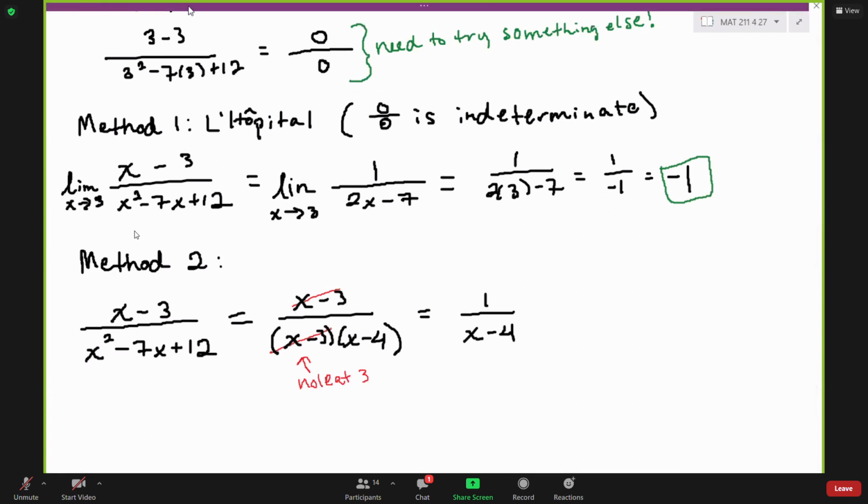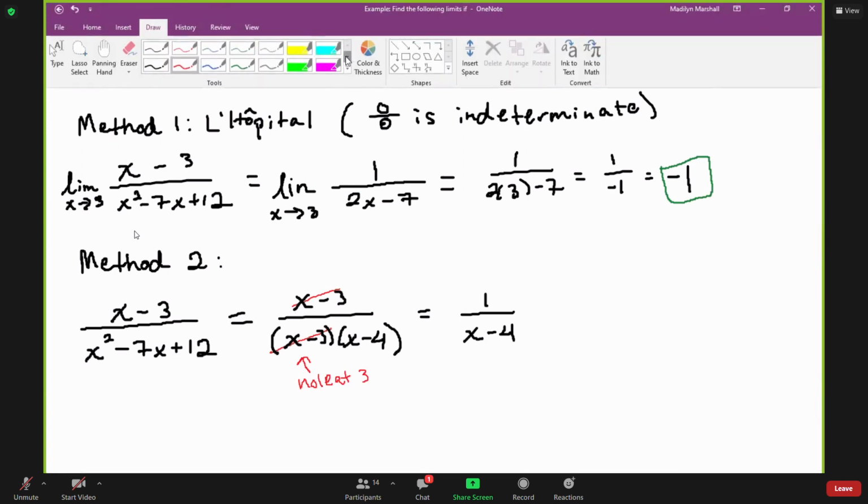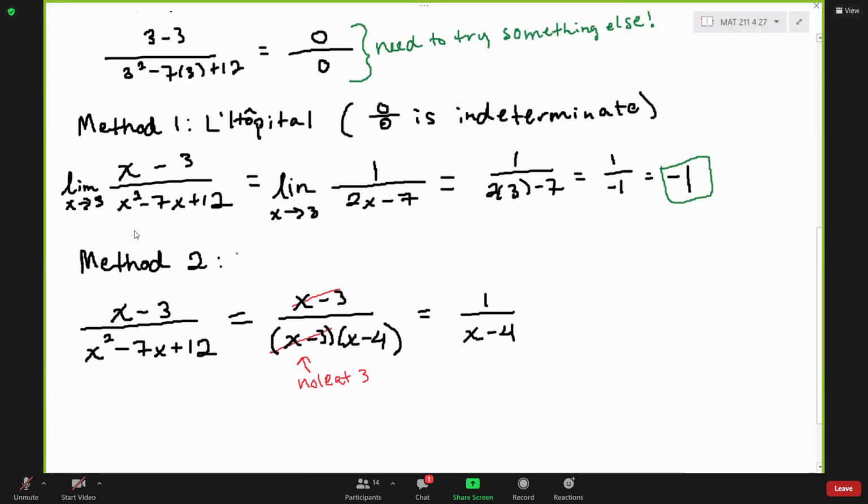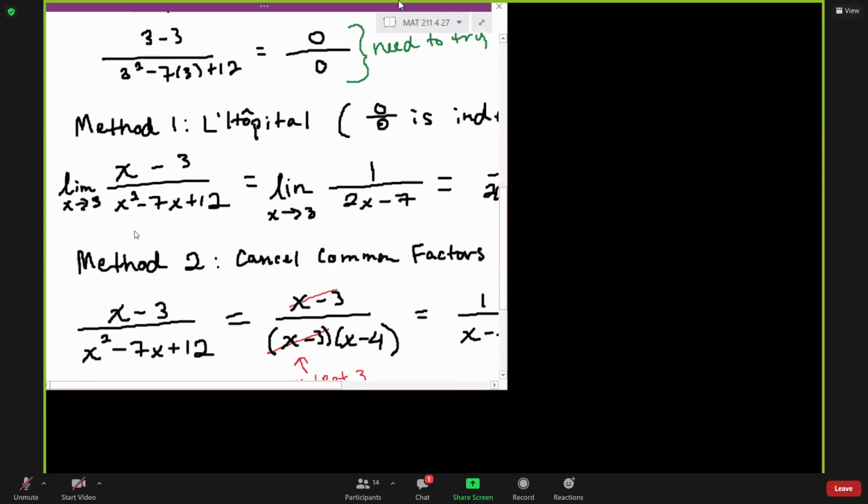So that would be the other method. This still isn't quite done, but the other method would be to factor or cancel common factors. And you just plug and play.